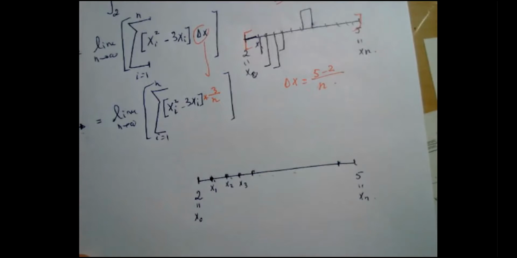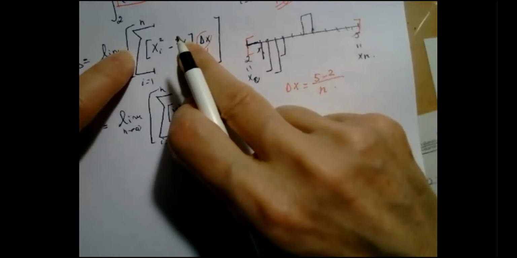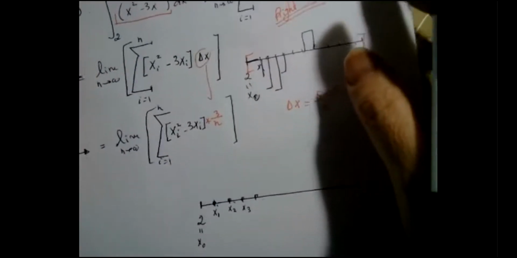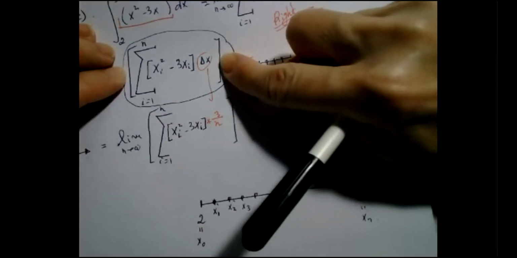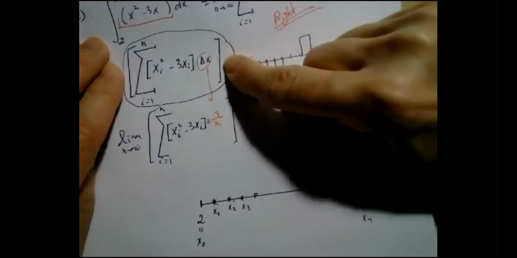I have a question. What does the bracket on the outside mean? It's just the limit of the whole thing. It means you compute this whole sum for n equal 100.